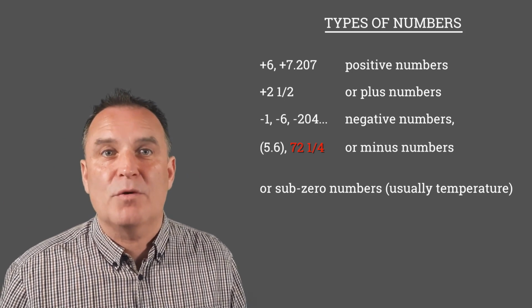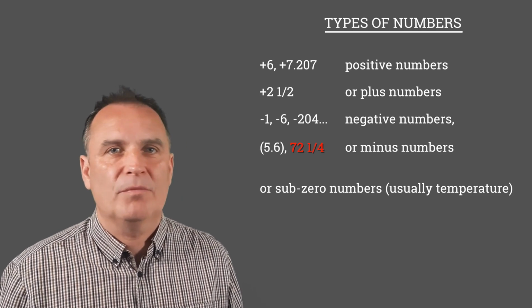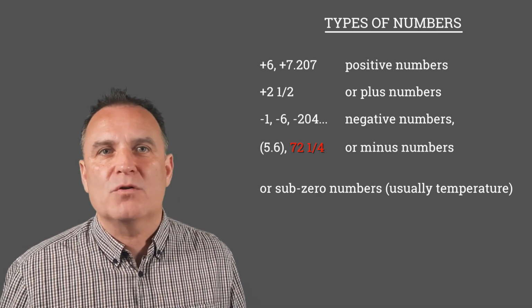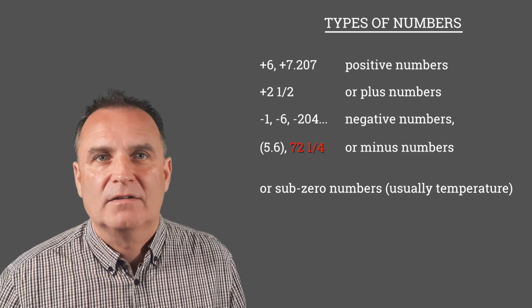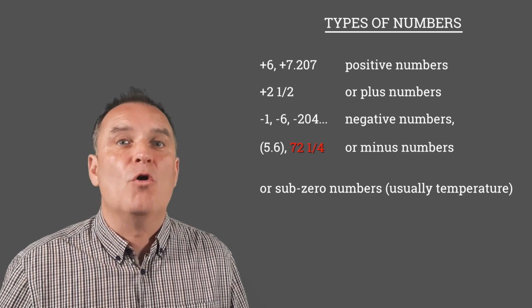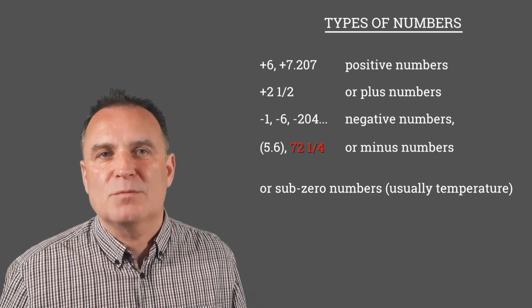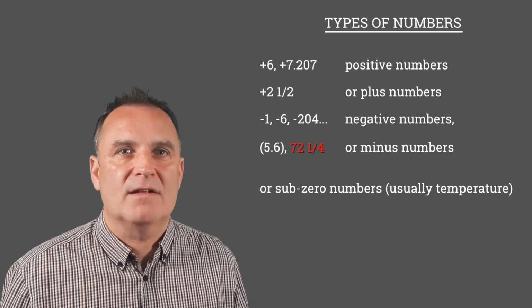And another way, of course, is to use red ink. This is why we talk about being in the red, meaning that you owe money, you have negative credit. So we sometimes put these numbers in red to indicate that it's a minus number.